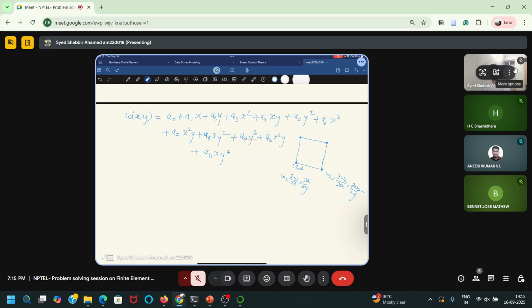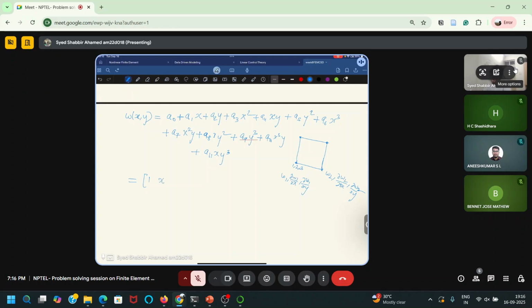Now I want to find out the shape functions. We have already seen how to find out shape functions. If I have w of x comma y, this is my approximation. I'll substitute all the 4 points, whose coordinates I know.